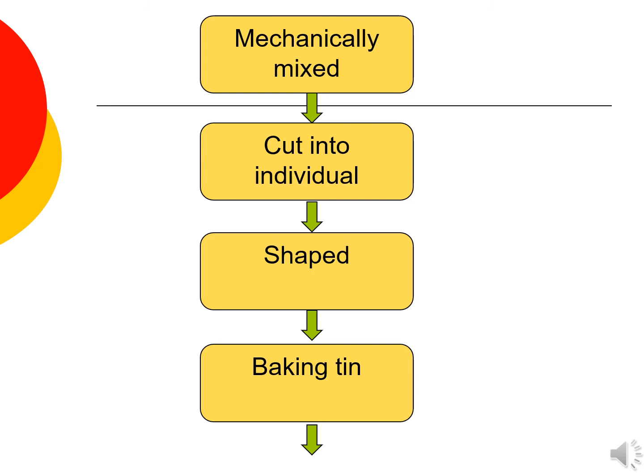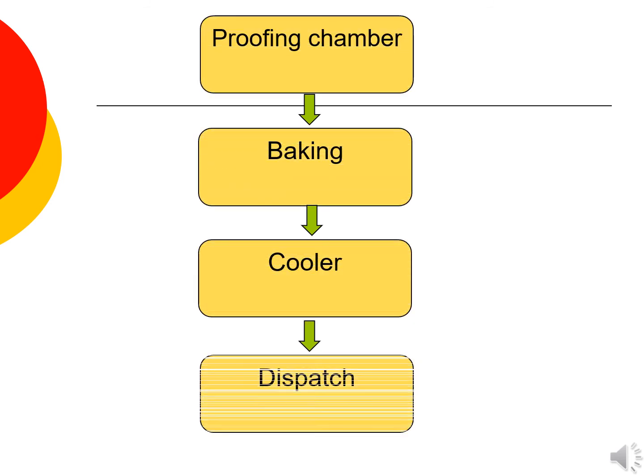Each piece of dough is then shaped and placed in a baking tin. Then it is moved to the humidity and temperature controlled proofing chamber where it sits for about 45 to 50 minutes.